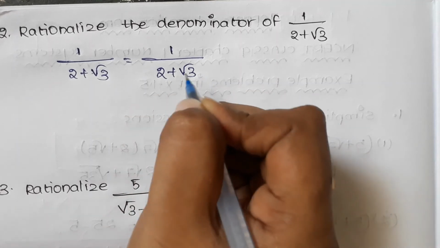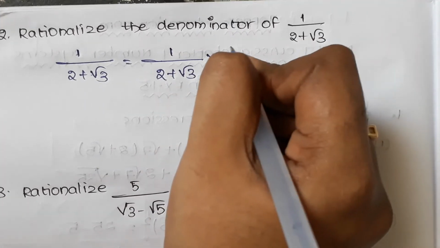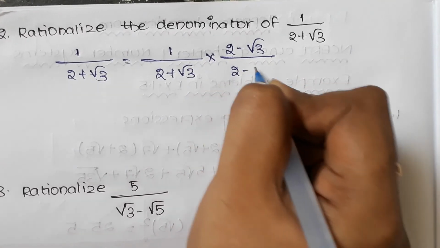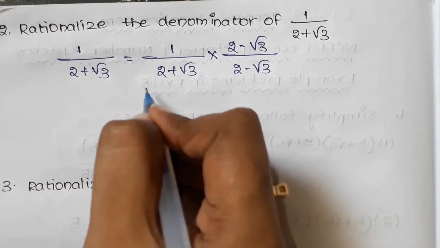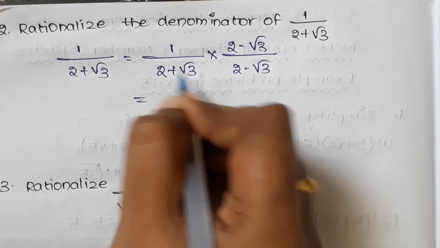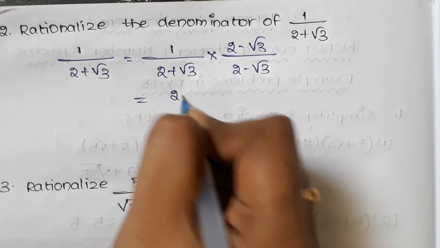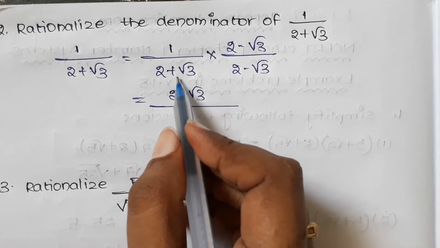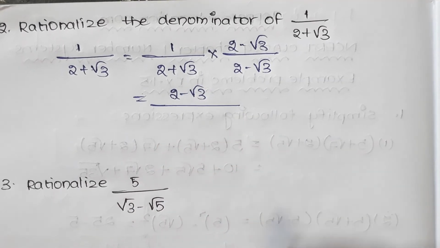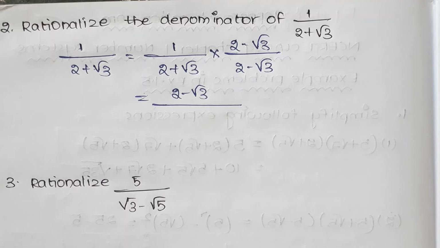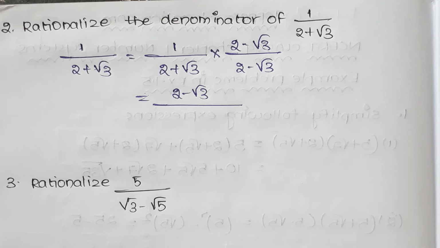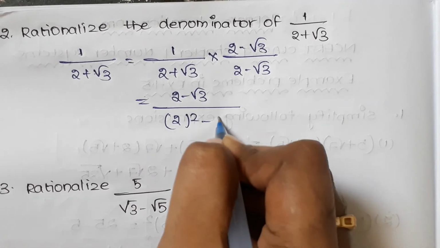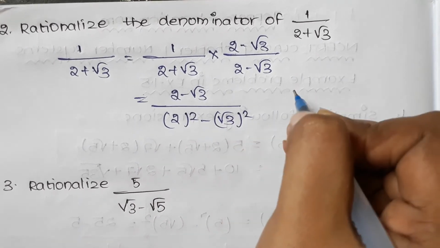Here we have plus, so we keep minus, that is, we rationalize by multiplying with 2 minus root 3 by 2 minus root 3. In the numerator we get 2 minus root 3, and in the denominator this is in the form of a plus b into a minus b. We know that a plus b into a minus b equals a square minus b square, that is 2 square minus root 3 whole square.